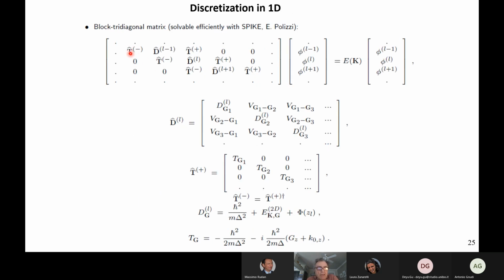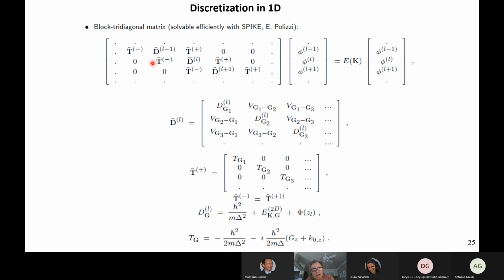So each of these objects that used to be scalar in solving our Schrödinger equation now become matrices, blocks of dimensions of the number of G vectors that you need to resolve the cross-section of your device. And each line in this matrix refers to one point in which you discretize transport along your device, say a nanowire.